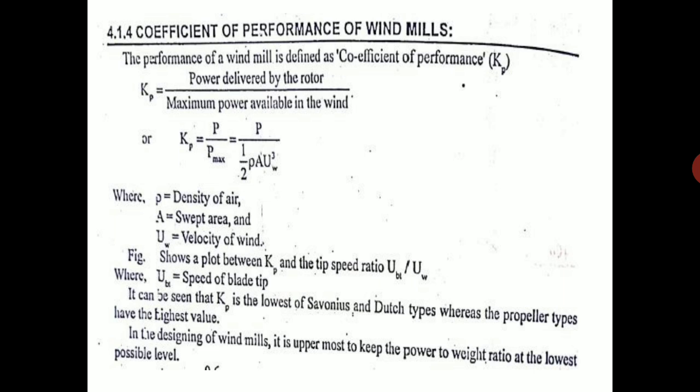The relation is P max is equal to 1 by 2 rho A V cube, where rho is the density of the air that you will calculate based on the temperature of the air, A is the swept area of the turbine, and V is the velocity in meters per second.